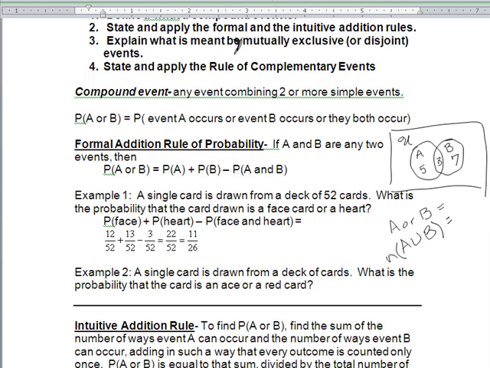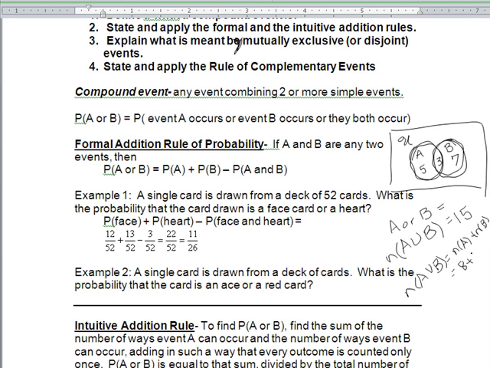Now notice if I just added the number in A plus the number in B, what will happen? The number in A is a total of 8. The number in B is a total of 10. And that gives us 18.